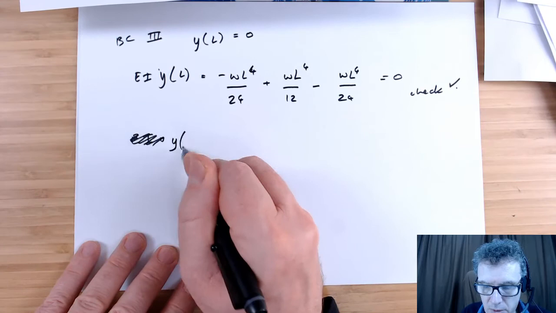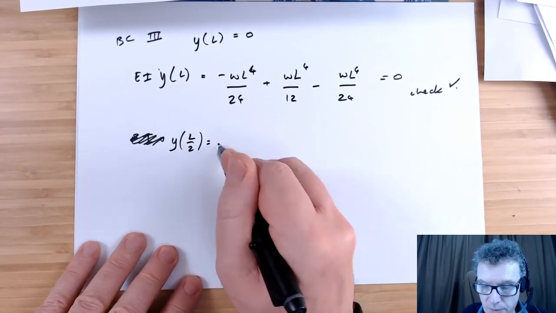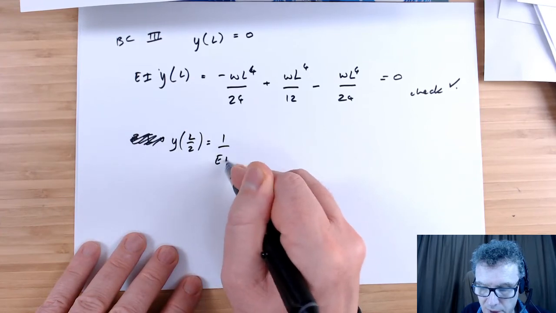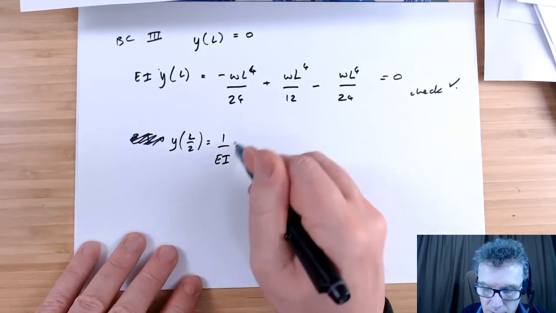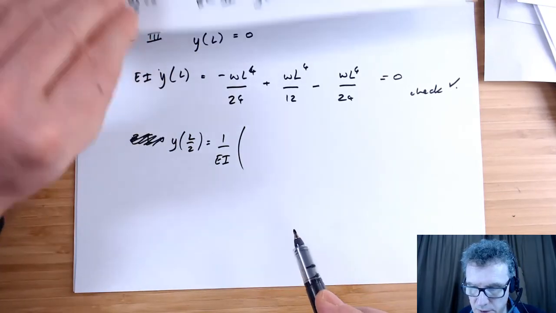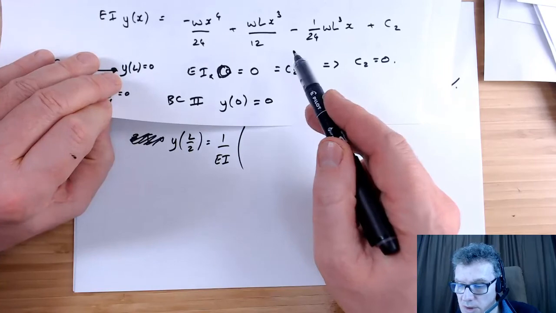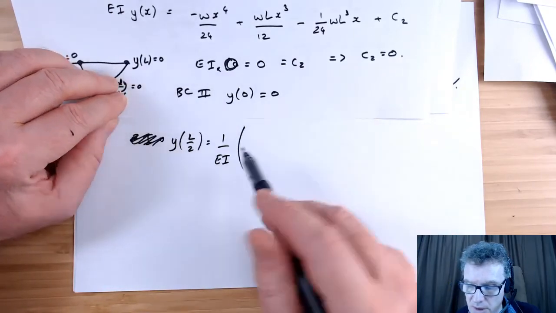So y at x equals L over 2 is 1 over EI, open a bracket, and now start substituting it all into this equation.